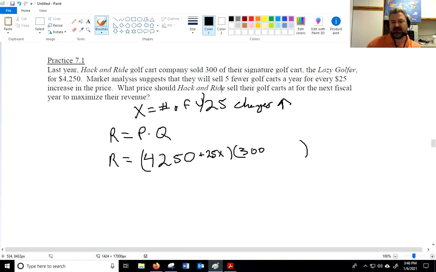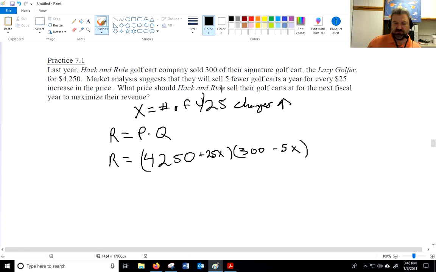If you think about it, making it $4,275, most people are going to be like, oh, okay, fine. It's $25 more than I wanted to spend, but I'll still spend it. But there's going to be a few people who might say, whoops, no, I'm not going to buy that. And it turns out there were 5 people that were priced out of the market. For every time you increase it by $25, there's going to be 5 fewer people that are going to buy it. Okay.